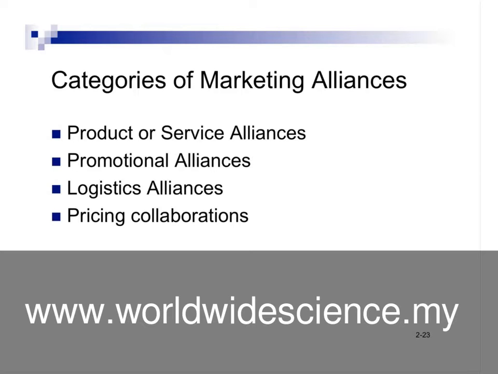Pricing collaborations: sometimes you make collaborations on pricing. They join together for special pricing. So hotels and rentals or car companies can work together and come up with a certain price. And by logistics, we mean transportation. Logistics is basically how you bring in product and then ship it out.